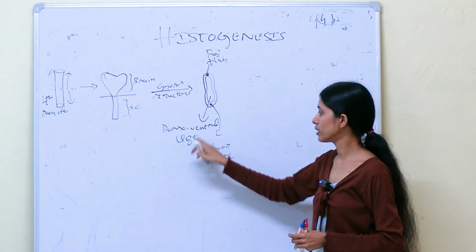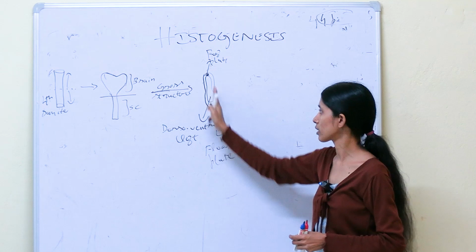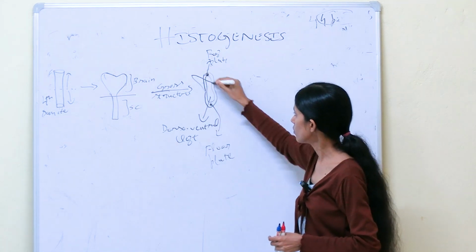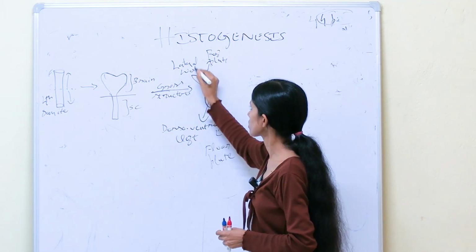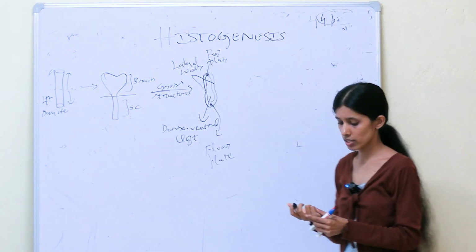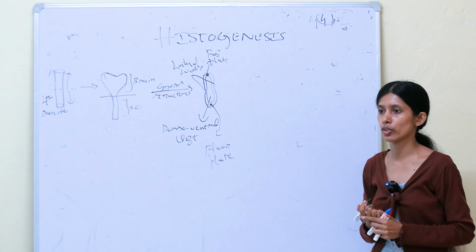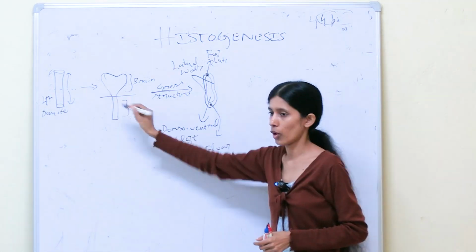On either side of this dorsoventral cleft we have the lateral walls. This is the gross structure, or gross appearance, of this cross section.